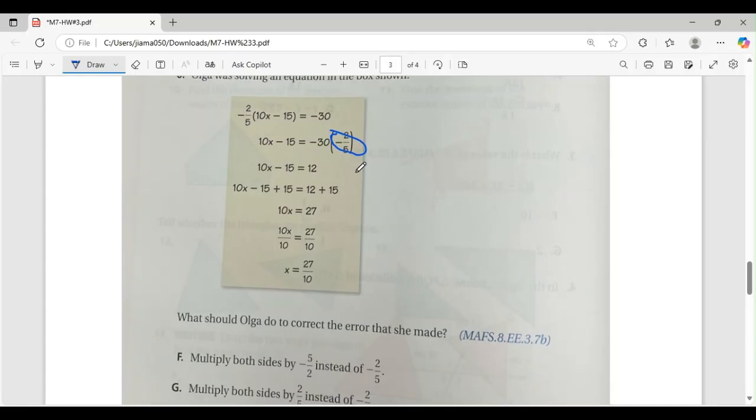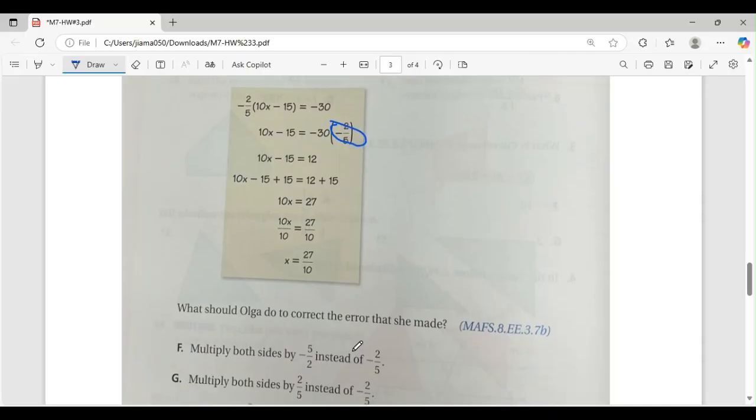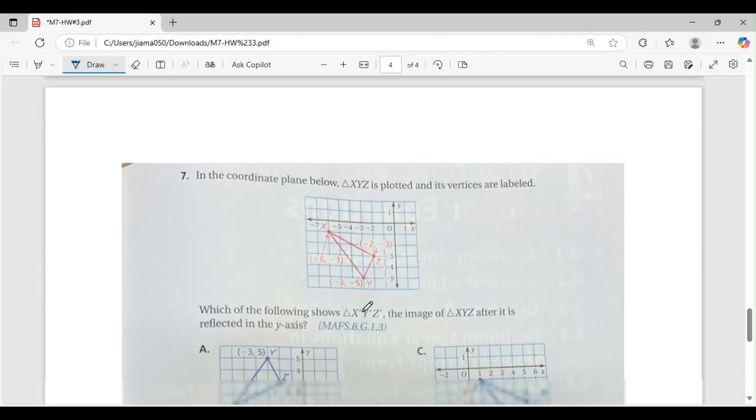And also, we should multiply the same number to the right side, so it will be correct. Okay, so this question, the answer is F.